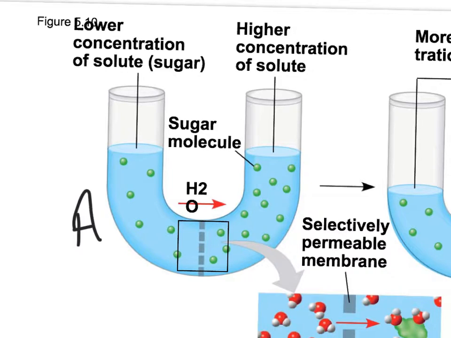Okay, the membrane is permeable to what though? To water. So instead, if sugar can't move, the motivation is still there. We want to reach equilibrium of water on both sides and sugar on both sides.